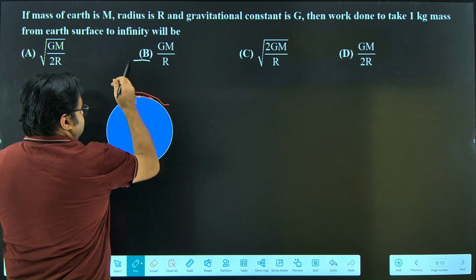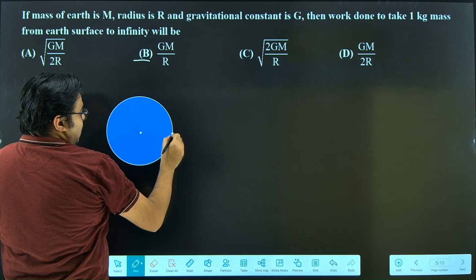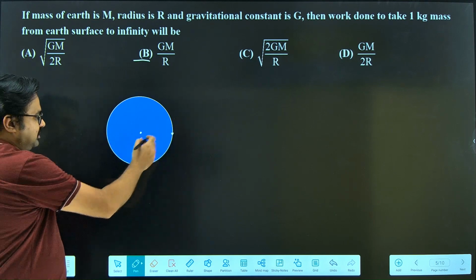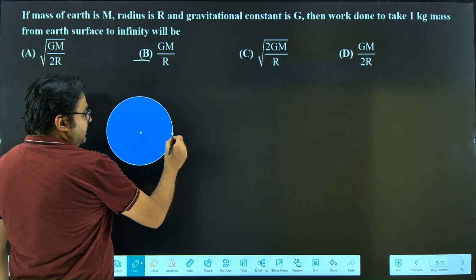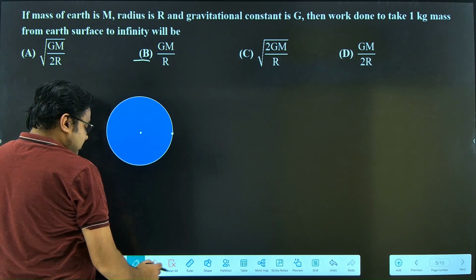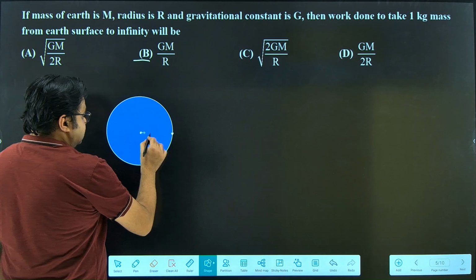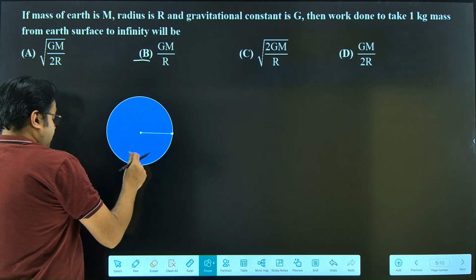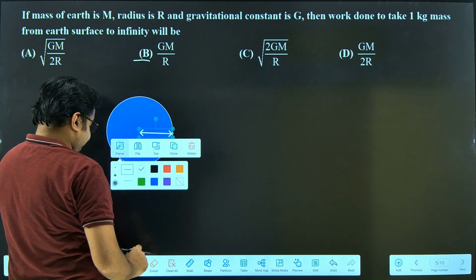Just to be a little more visual about how we are moving, I'll say that we are standing here right now. And it's a 1 kg body, so the 1 kg body is here. Well, the radius of the earth, which is the distance from here to here, let's say, is r.